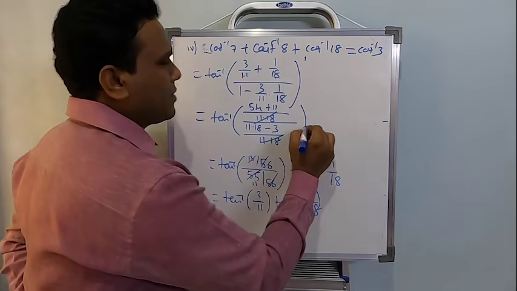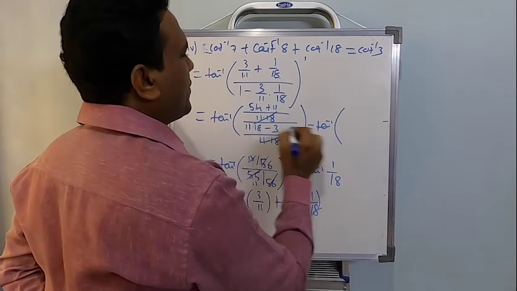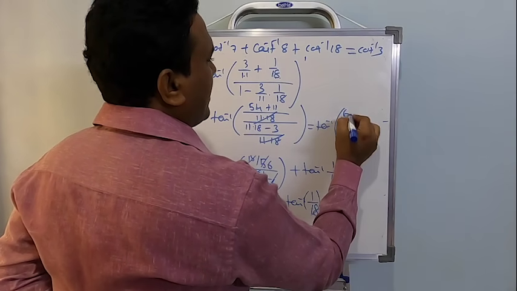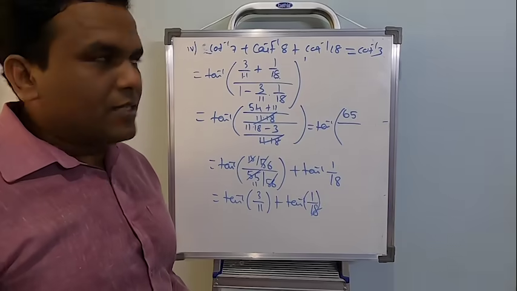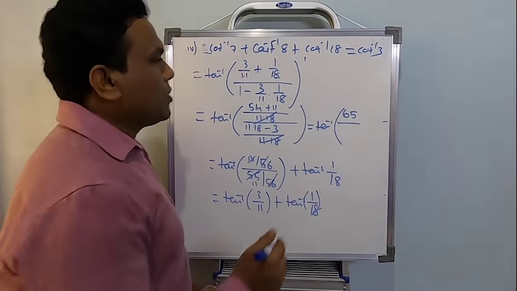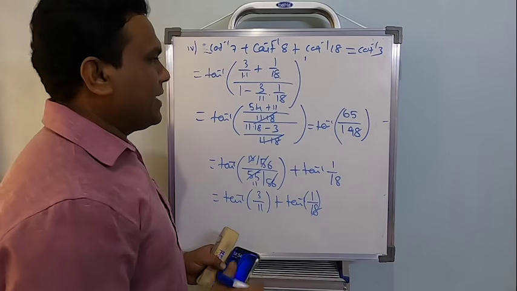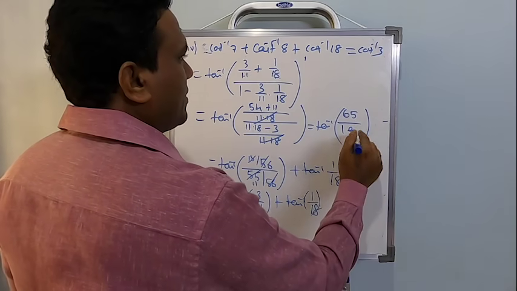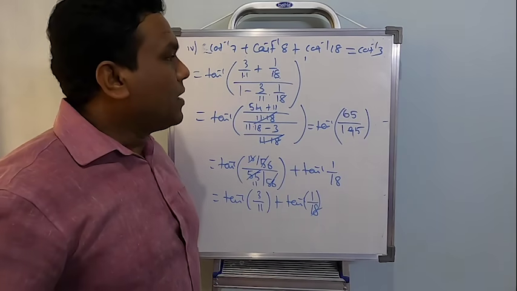So this will be tan inverse of 55 plus 54, that is 65 by 11 multiplied by 18, that's 180 plus 18. So 180 plus 18 will be 198, minus 3. That's fine. 195 it's going to be.